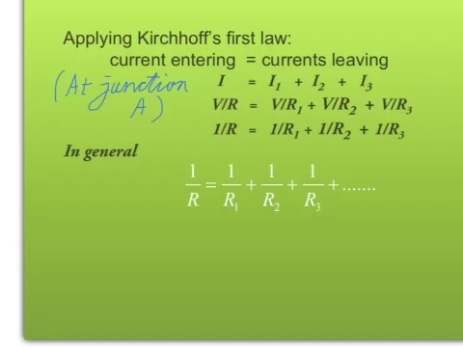Notice voltage is the same across each parallel branch, or each resistor in parallel. So the common factor is V, which can be cancelled out, leaving us with 1 over R equal to 1 over R1 plus 1 over R2 plus 1 over R3. And in general, we can write it like this: 1 over R equal to 1 over R1 plus 1 over R2 plus 1 over R3, and so on.